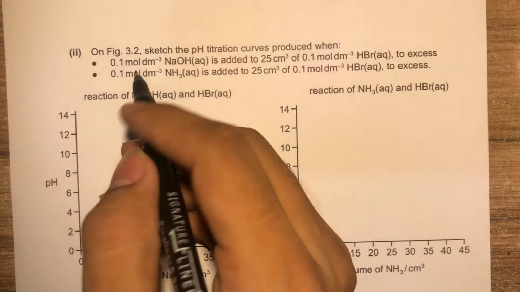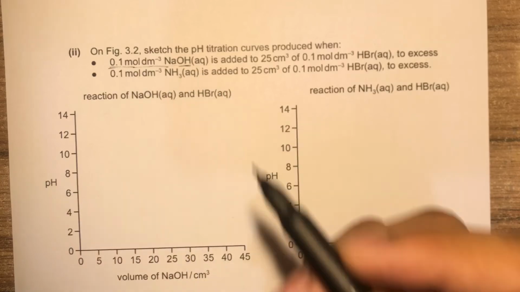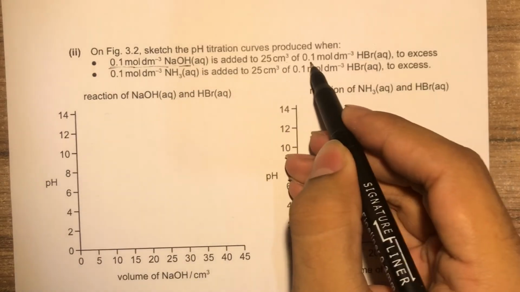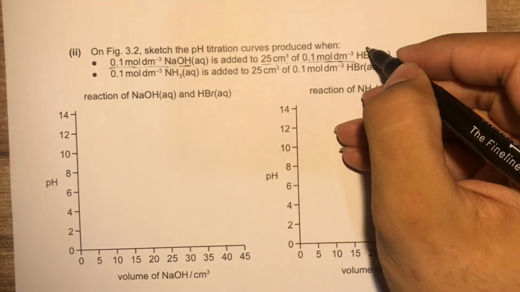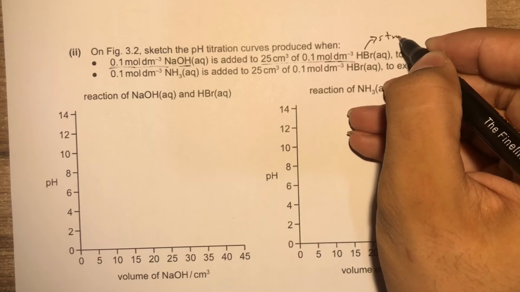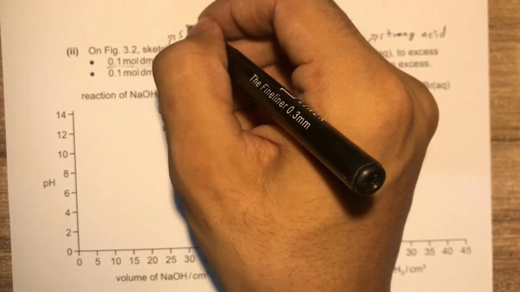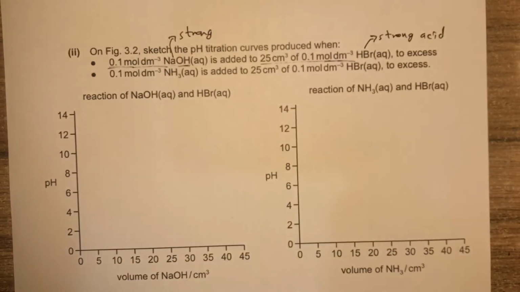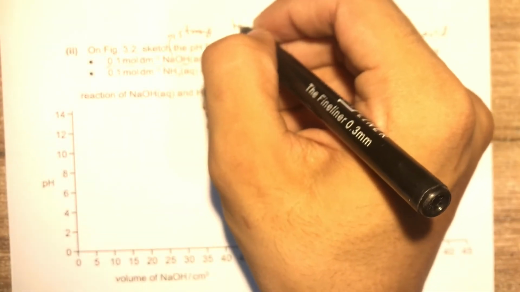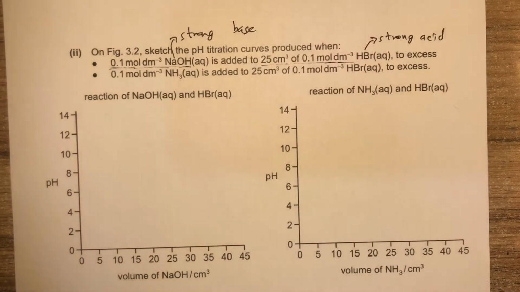They've given that there's 0.1 mole of NaOH and 25 cm cube of 0.1 mol per dm cube HBr. HBr is a strong acid, NaOH is a strong base, right?